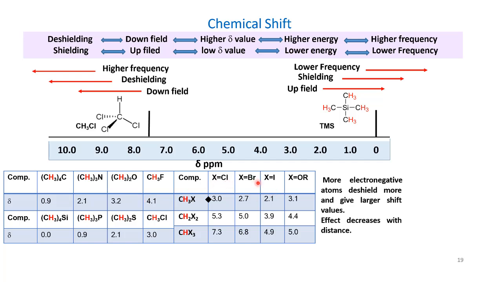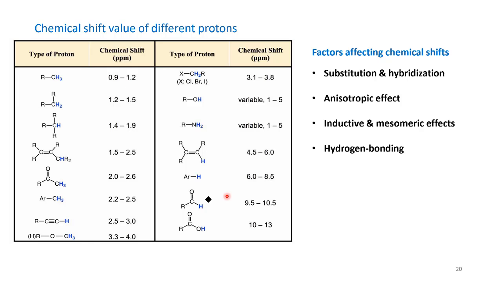Similarly for chlorine and bromine. We can also see that sp2 or sp3 hybridization will change the value, or shift, of the peak. For different functional groups, the peak shifts are again mentioned.